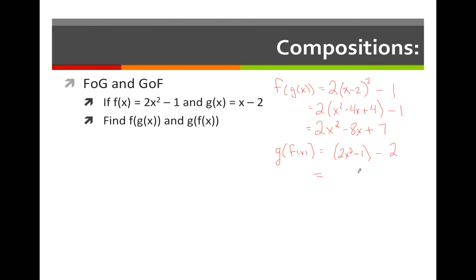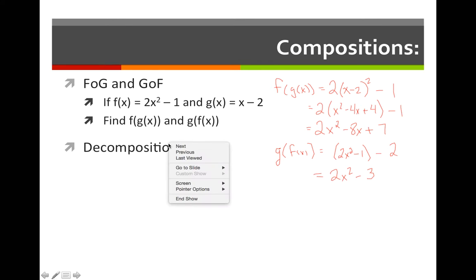If I just simplify this, no FOILing, no distributing, it's just 2x squared minus 1 minus 2, so minus 3. You notice you get two separate functions. The top one here is Fogg, or f of g. The bottom one is Goff, or g of f. This was called composition of two functions.